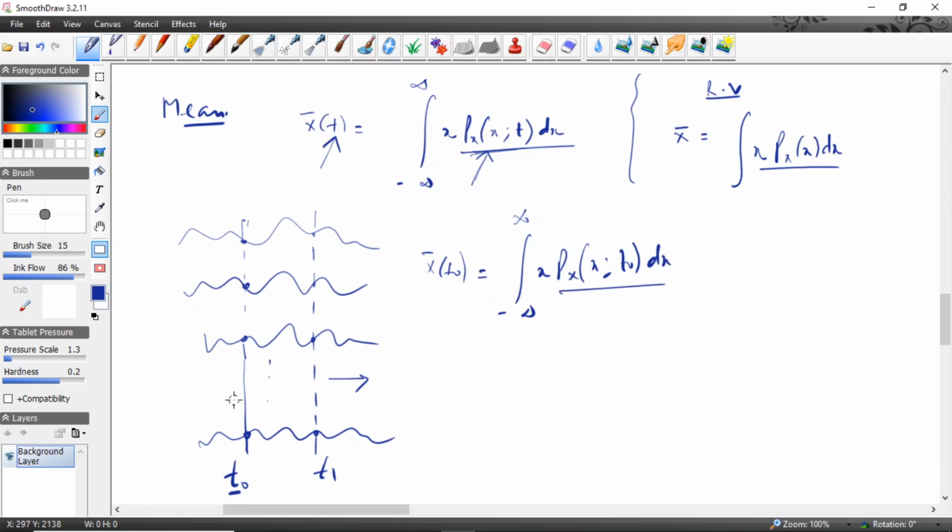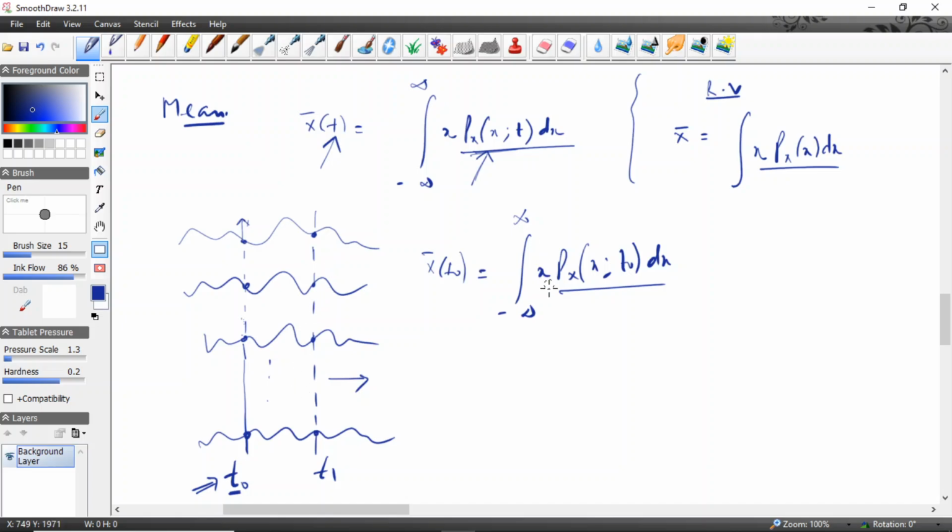So what I need to find is that at this particular time t naught, I have a random variable, and if I know its probability density function, I can find its mean. So it is the mean of these points at this time. Similarly, the mean of these points at this time, and so on.